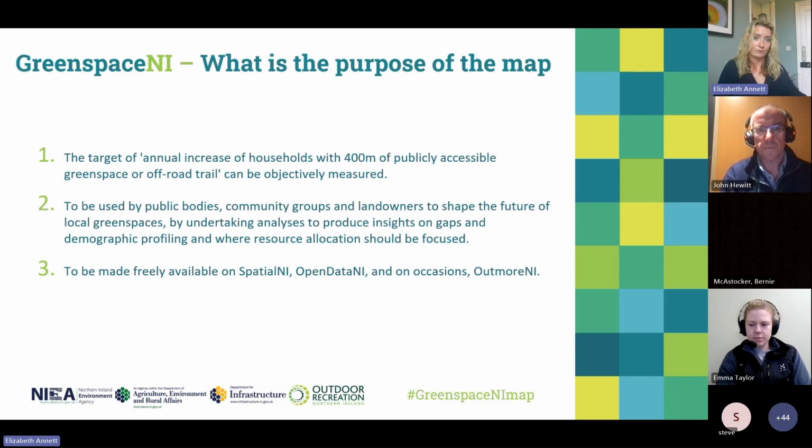You can overlay that with lots of demographic data sets as well, so we'll be showcasing some of that through this session. The map is available on various platforms, so SpatialNI, Open Data NI, and where we feel it's appropriate for consumers, on Outmore NI as well.